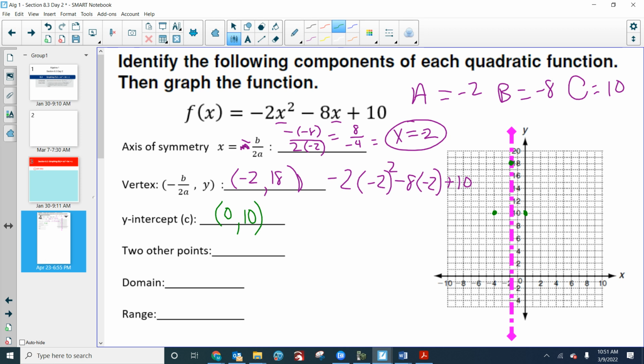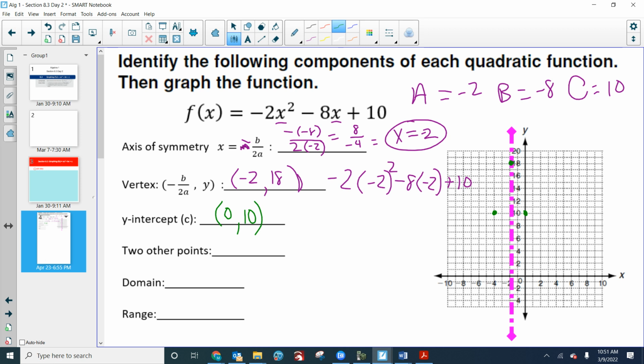All right. Watch. Listen. Okay, guys, we're going to plug in 2 more times into the original equation. We plugged our axis of symmetry x in to get the vertex, right? We have to do it one more time to get one more point and then reflect it across. So in this situation, if 1 is available, and it is, and it's close to my axis of symmetry, I would pick 1.